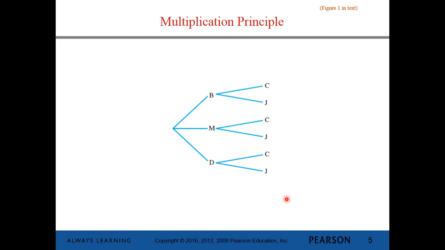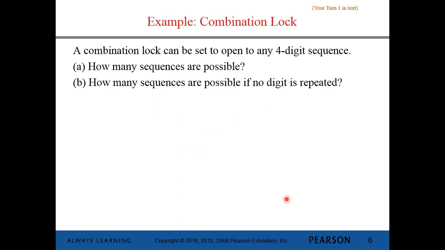Well, in that case, your tree diagram is going to be pretty messy. So you're just not going to want to use the tree diagram all the time. It won't be practical. But anyway, it's a good thing to start with so you can see what's going on and prove to yourself how the counting principle works.